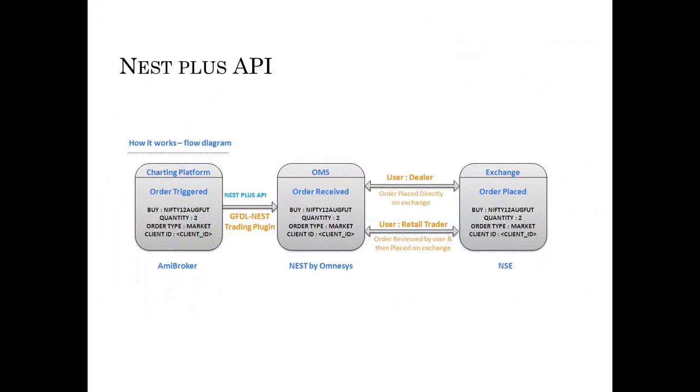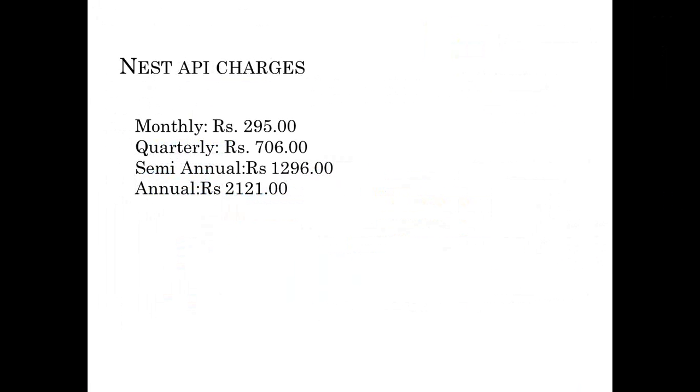These are the Nest API charges. Omnisys is currently charging 295 rupees per month, and these are the other charges they charge quarterly, semi-annually, and annually. Earlier, a retail trader could directly approach Omnisys and tell them their Nest trading terminal ID, which is the ID the broker provides to the retail client.